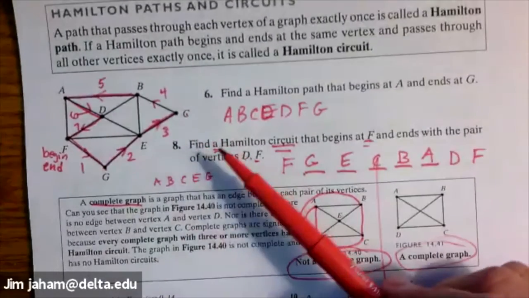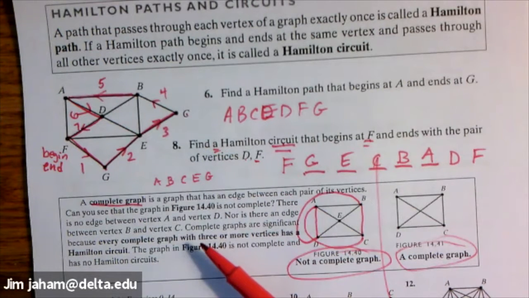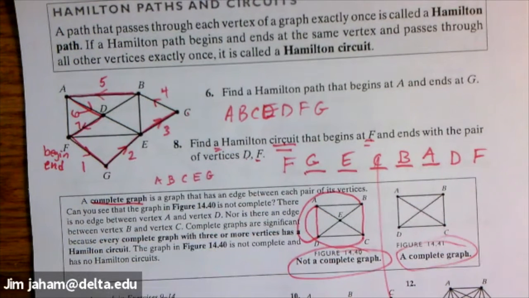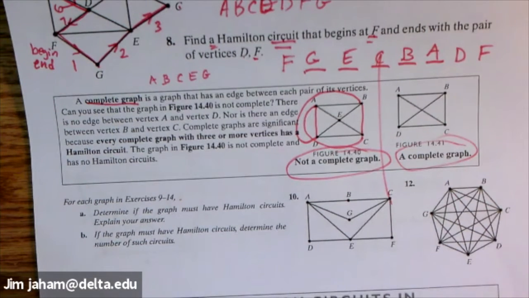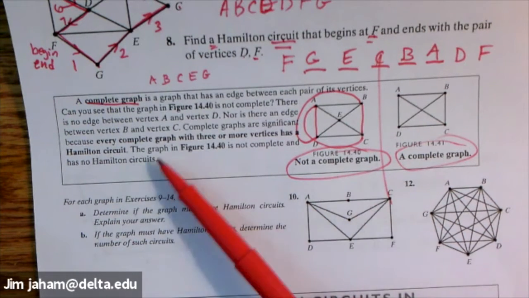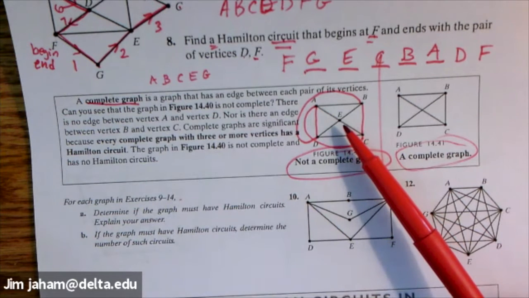So up here, they were just asking you to find one. And what they're saying down here is that since there is an edge from every vertex to every other vertex, you can start anywhere and you can go to any vertex and there'd always be a path to every other vertex. And you can create a circuit pretty easily. Now, know what this is saying here. It says, this graph right here is not complete and it has no Hamilton circuits.